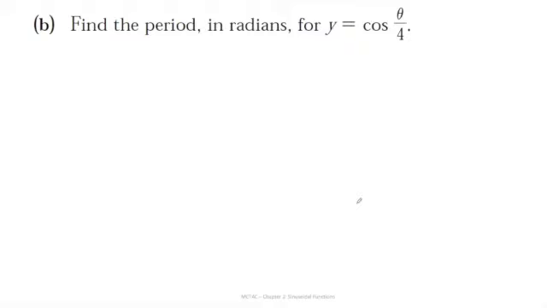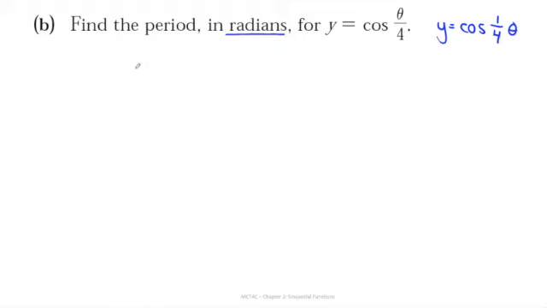We're going to find the period in radians. Don't get scared because it says radians, for y equals cos of theta divided by 4. Another way of writing this is y equals cos of 1/4 theta, okay? And don't get scared that it's cos instead of sine.